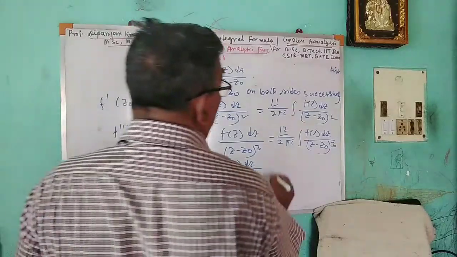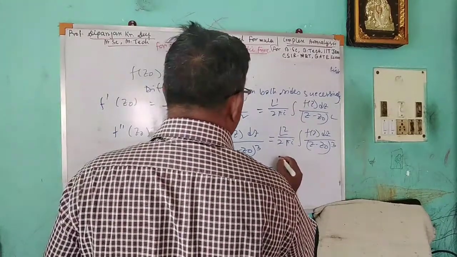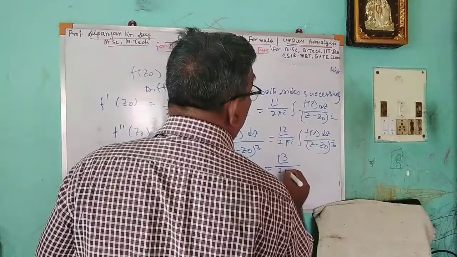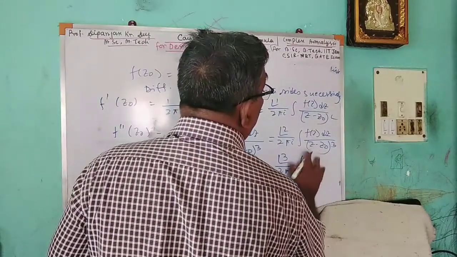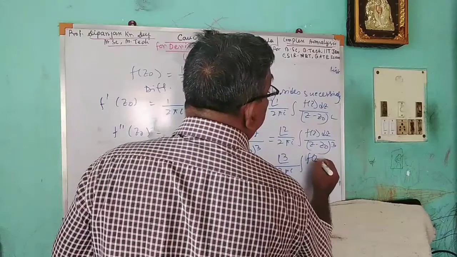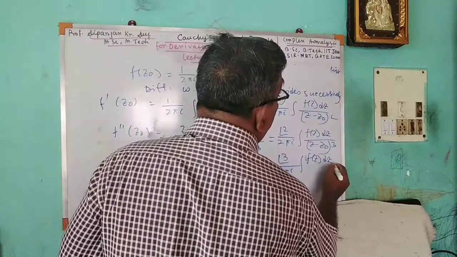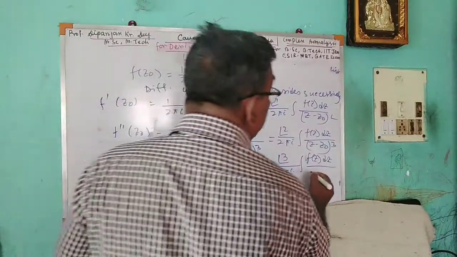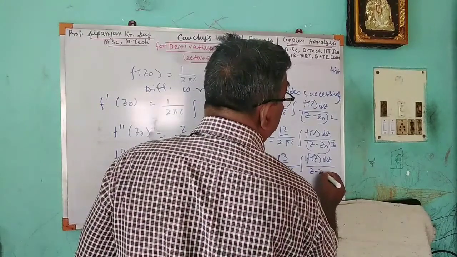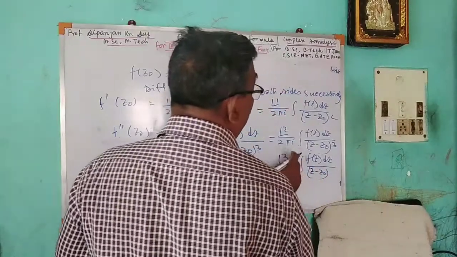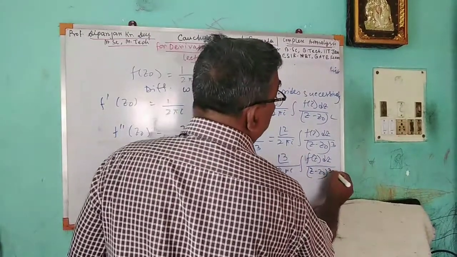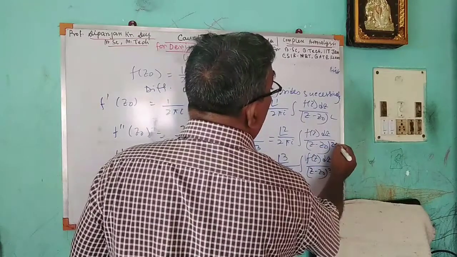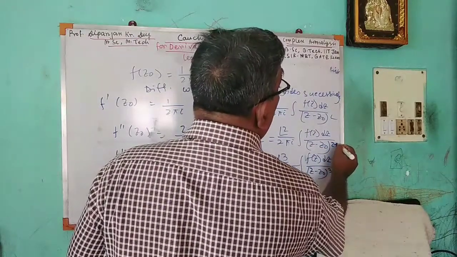The 6 can be written as factorial 3 by 2 pi I integration f of z dz by (z minus z0) to the power 4. So this is factorial 3, and here we can write 3 plus 1. This is factorial 2, and from here we can write 2 plus 1.